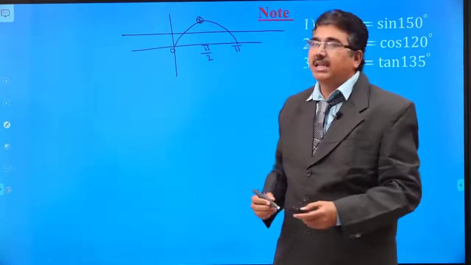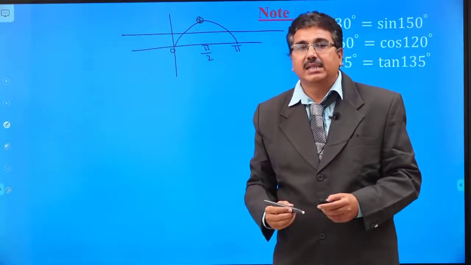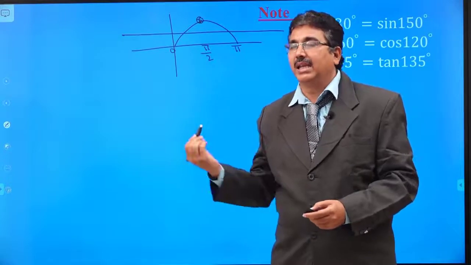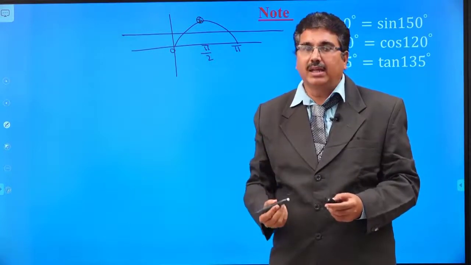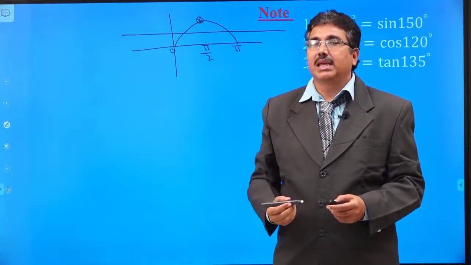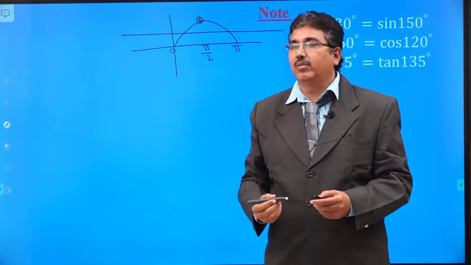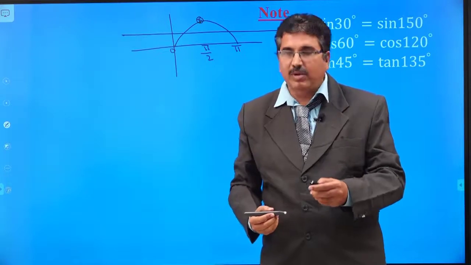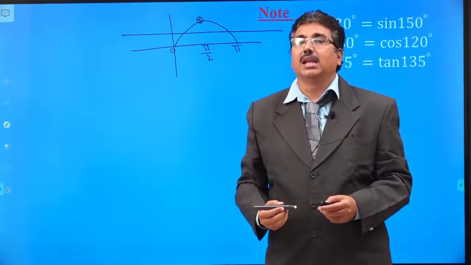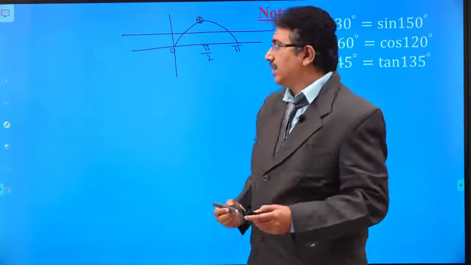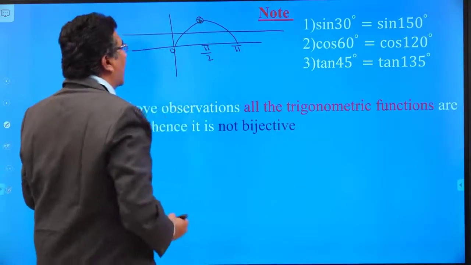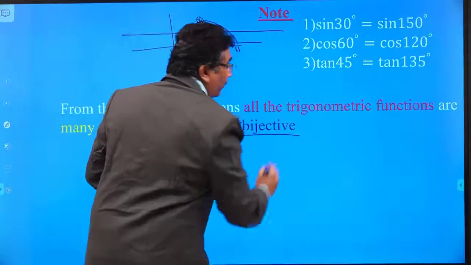Here the horizontal line intersects the graph at two points in the particular interval [0, pi]. Therefore, sin theta is not one-one. Similarly, all trigonometric functions are not one-one, and hence the functions are not bijective.